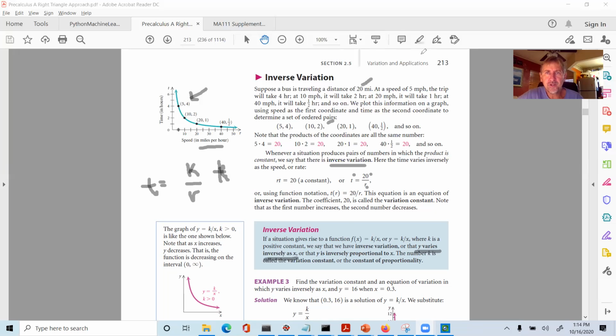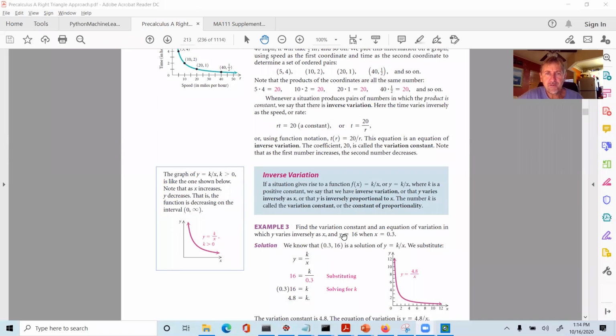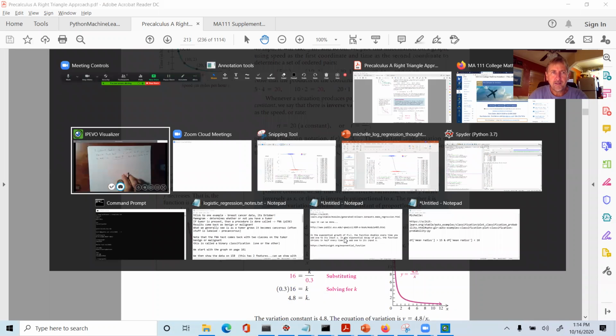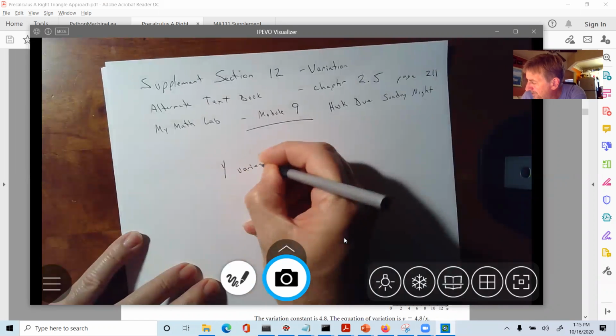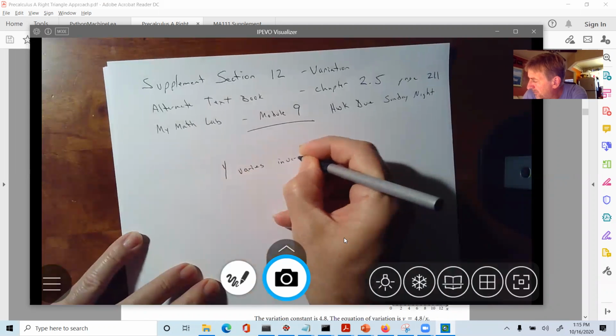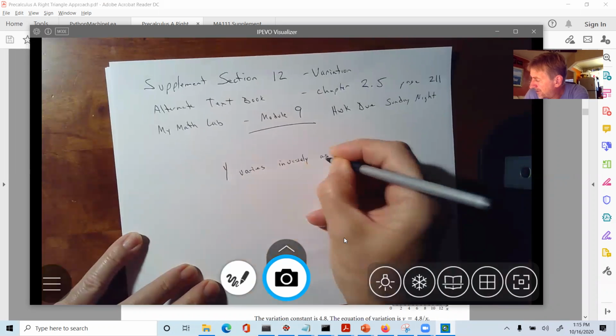Clear all my drawings. So we have: find the variation constant and an equation of variation in which y varies inversely as x, and then solve for it. So we have y varies inversely as x.